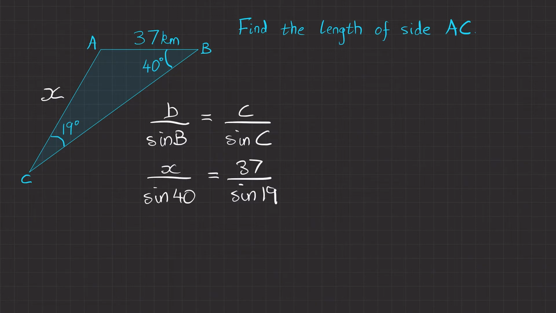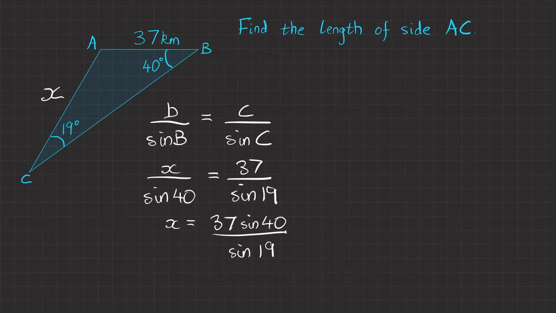Do a little bit of rearranging. So we want X on its own, so we need to multiply both sides by sine 40. So we'll be left with X equals 37 times sine 40 all over sine 19.